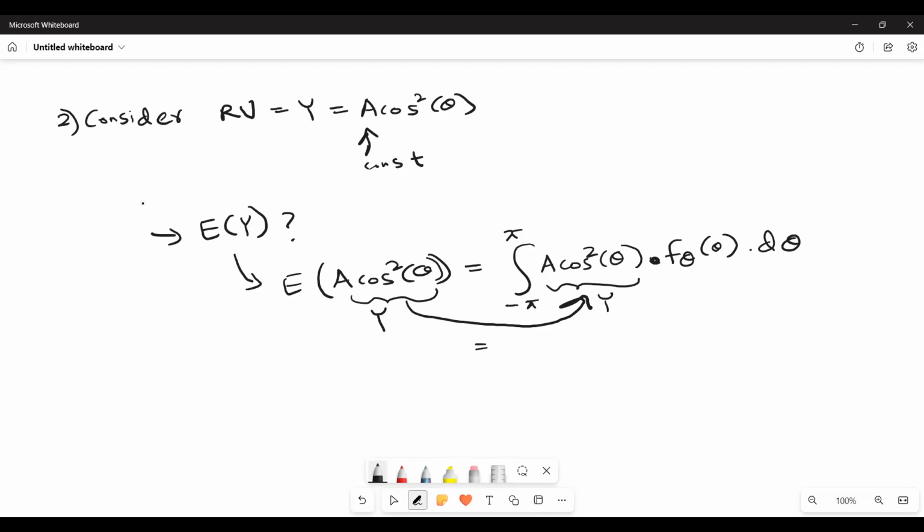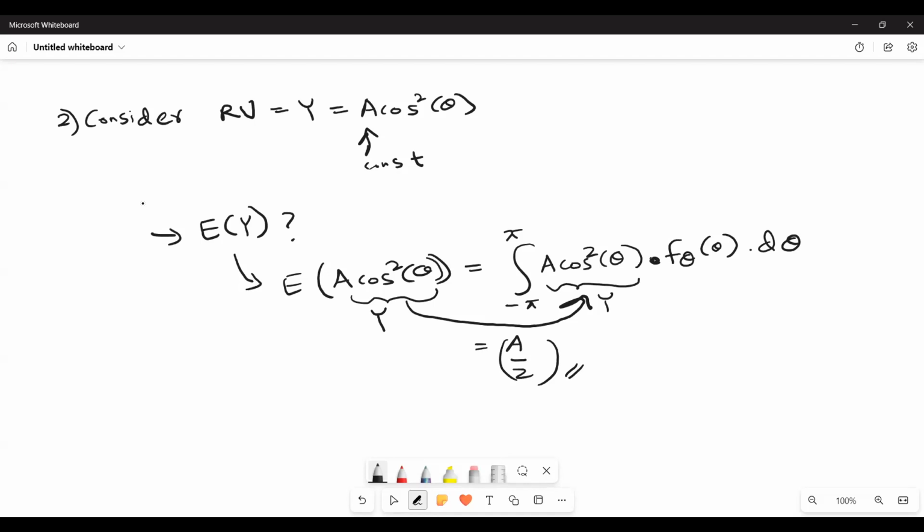Then I can find the expectation value of y occurring under the ranges of theta. So I can find the value of this expectation by taking the integration. So this is one of the ways of finding the expectation value of a certain random variable.